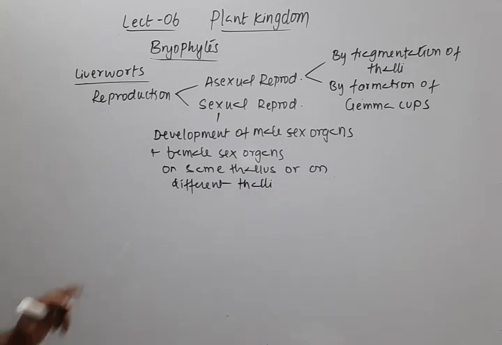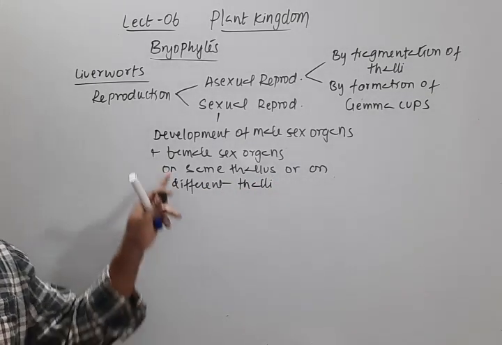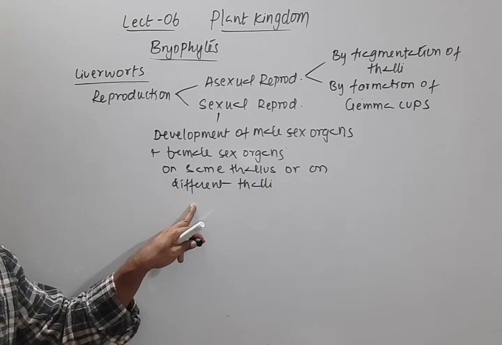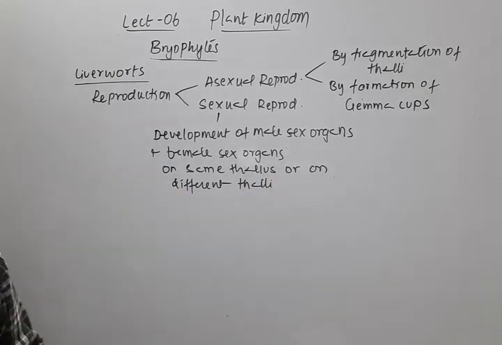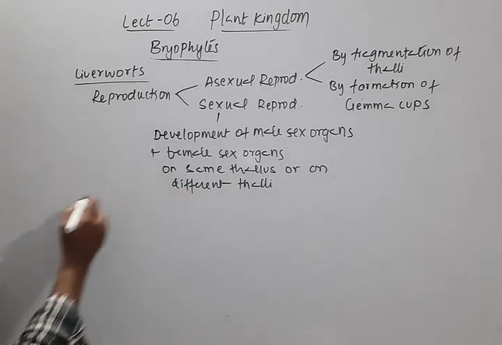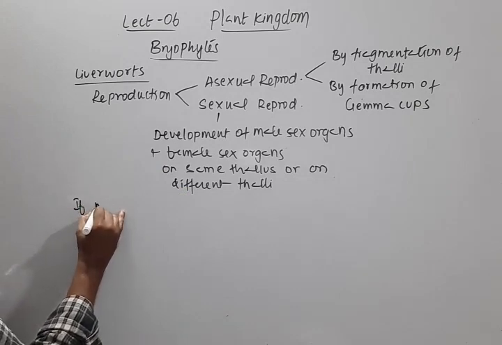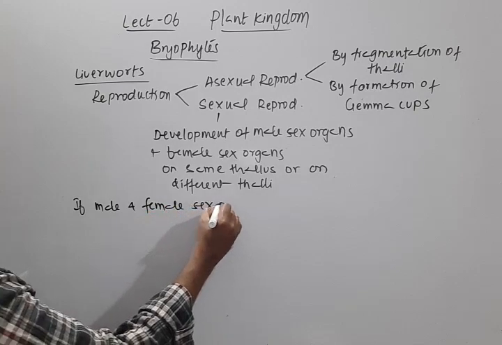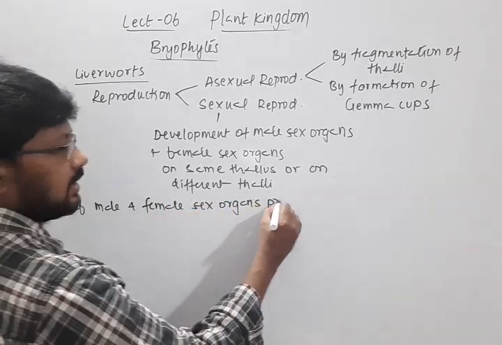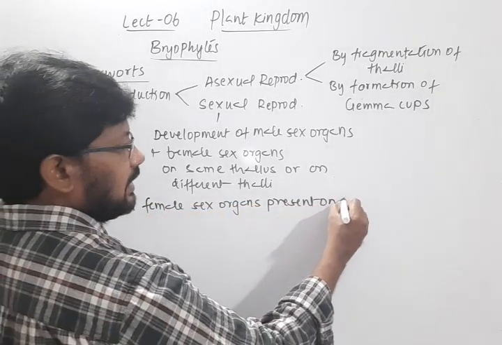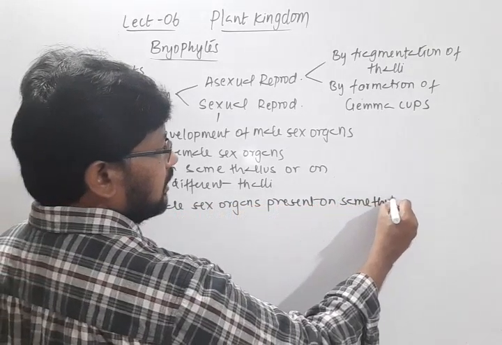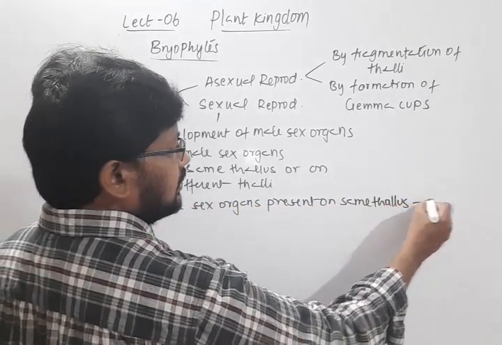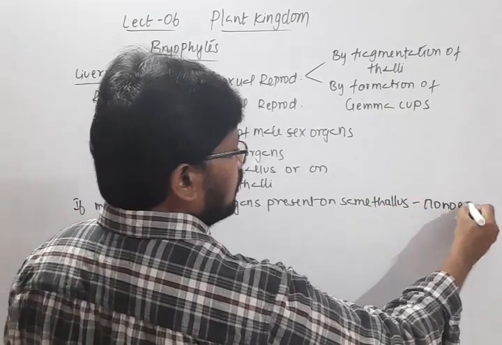If the male and female sex organs develop on the same thallus, then the condition is called monoecious.